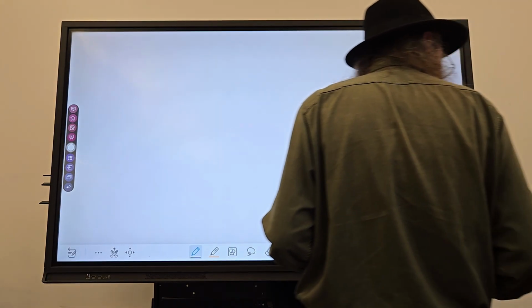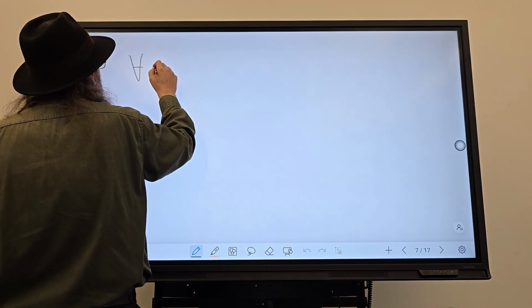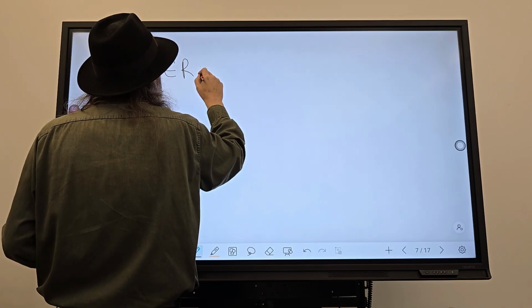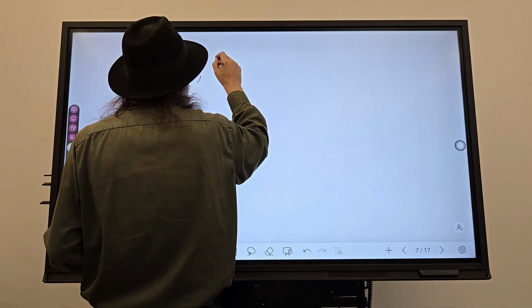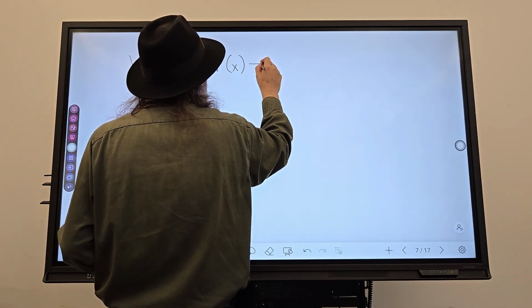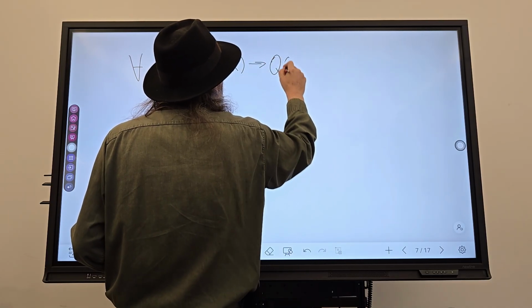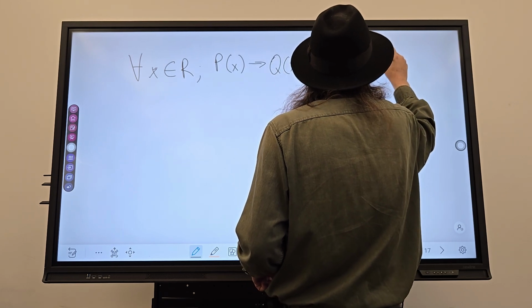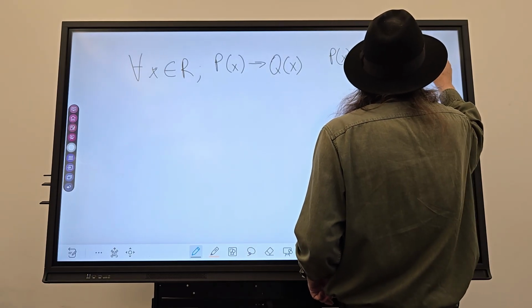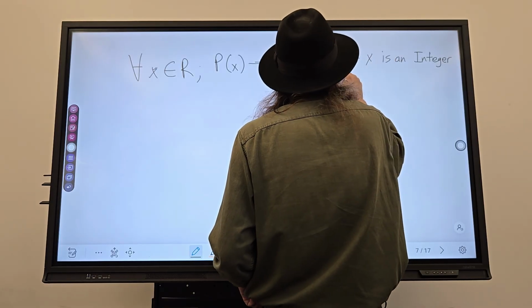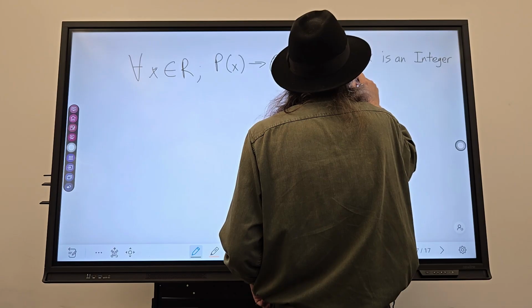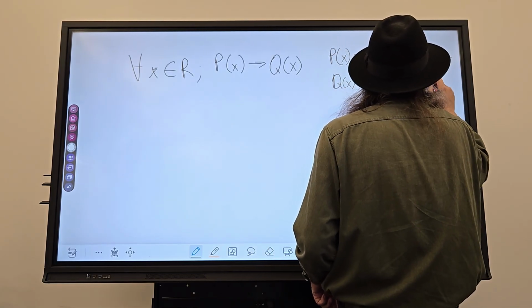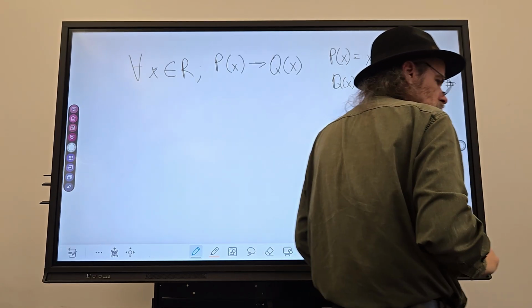So, for all x, if P of x, then Q of x, where P of x equals x is an integer, and Q of x equals x is a rational number. Okay.